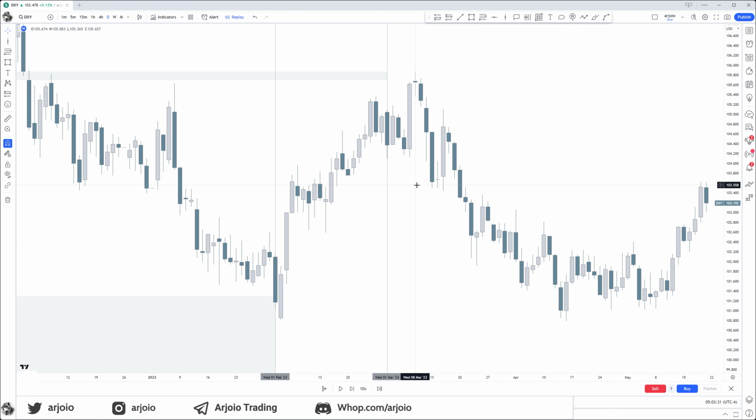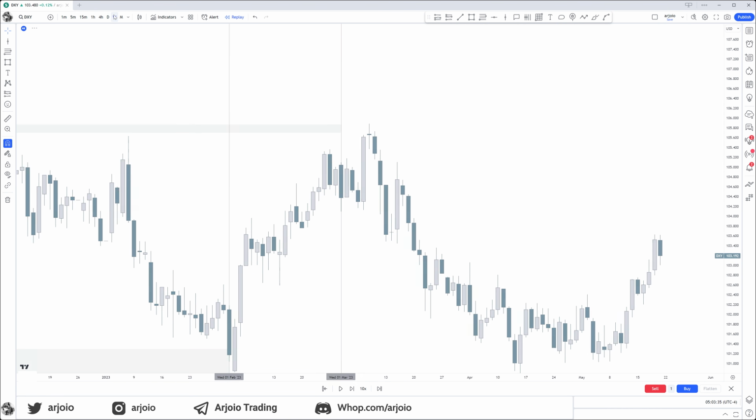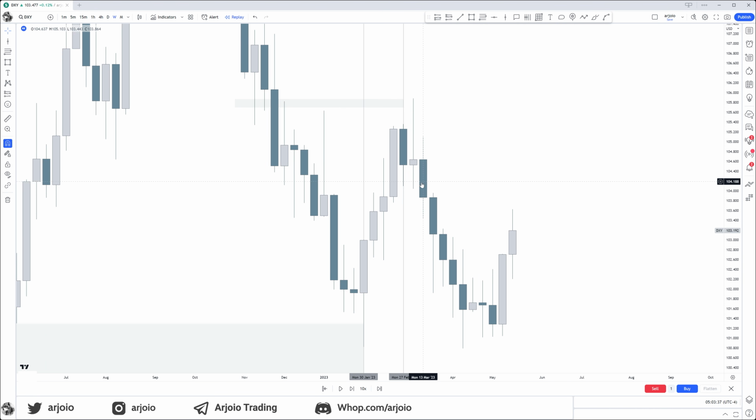So right here, if we now apply the weekly profiles, we can see the exact same, right? If we go back to the weekly, we have that manipulation, that accumulation, distribution on each and every candle. So if we mark the opens, that is exactly where we would want to get involved, above the open of that candle.